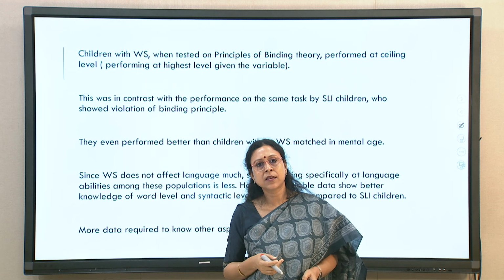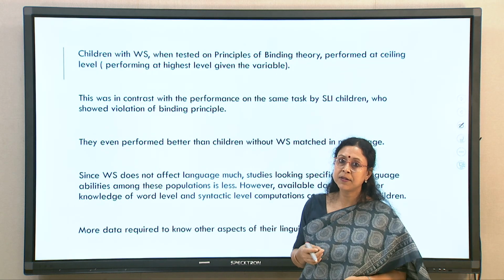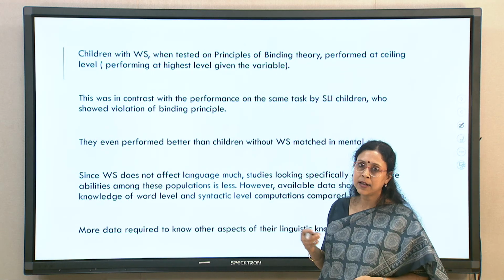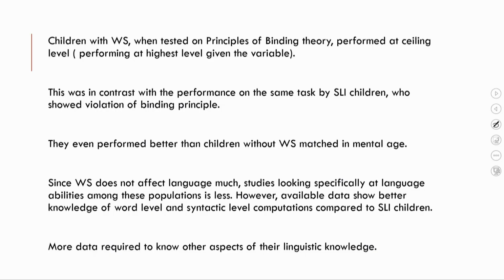Again, children with WS, when tested on principles of binding theory, we have looked at binding theory in case of SLI, the same has also been tested on these children, but they have been found to performing at ceiling level, that is performing at the highest level given the variable. So, they have done optimally well. This was in contrast with the performance of the SLI children. Again, they even perform better than children without Williams syndrome matched in mental age.